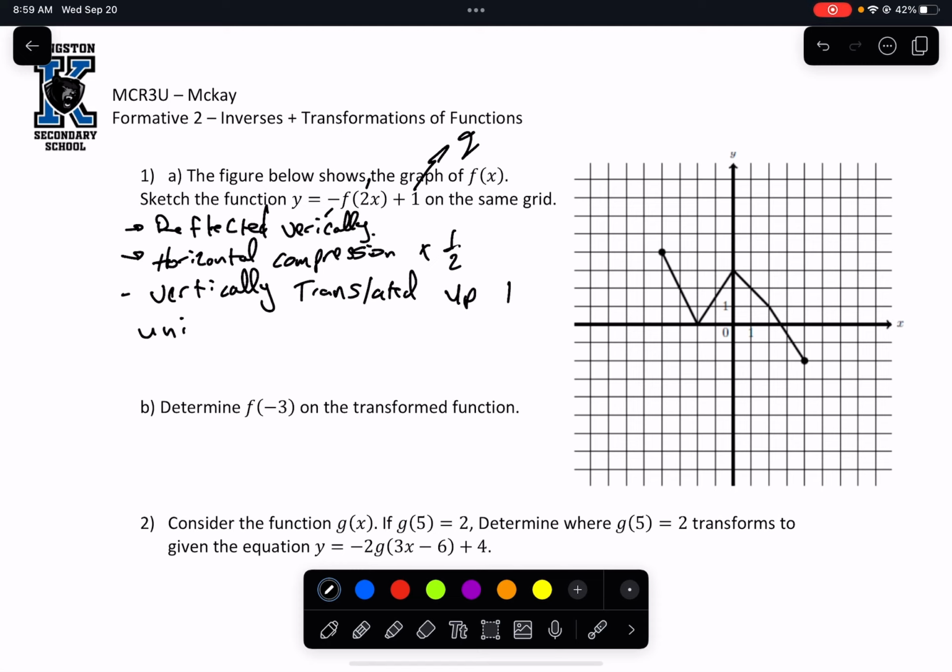So we're just going to follow exactly what it's been asked to do. We're going to reflect it, then compress it, then vertically translate it up 1 unit. That's 3 transformations.